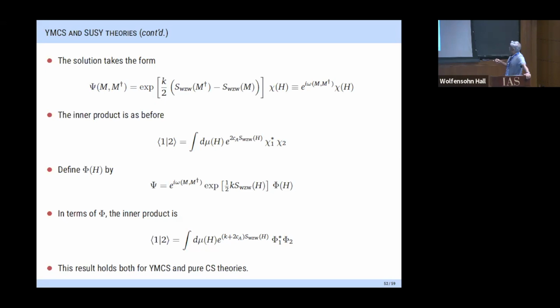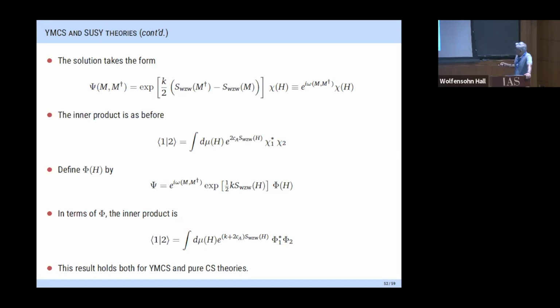So if I now try to take this solution for the wave function and add an extra piece here by hand just to redefine a new wave function phi, then here is how it looks. So that means the new inner product in terms of the phi has the old Wess-Zumino-Witten term, but another one at level k, and this arises from the Chern-Simons term, this extra piece.